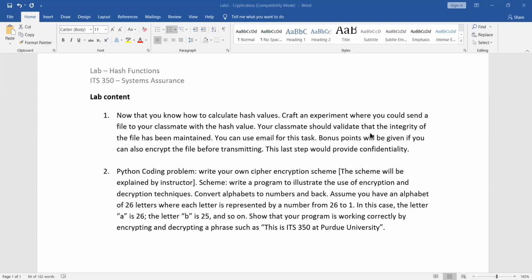Do we need to put our partner's name on our lab report, or should we just mention who it was? Definitely, I need to see, because you'll be working with this person probably for the whole rest of the semester, because there are several labs like this. Sometimes we need to do other things like authentication, and I'll ask you to exchange messages.